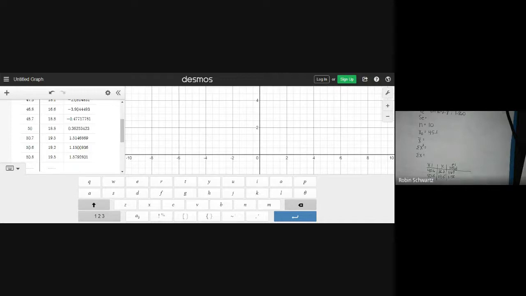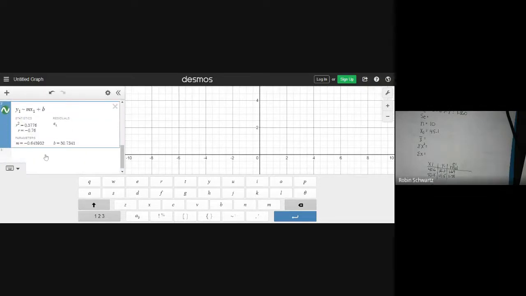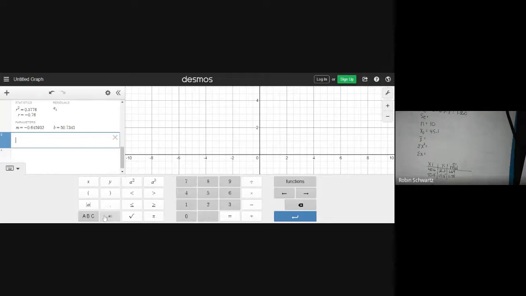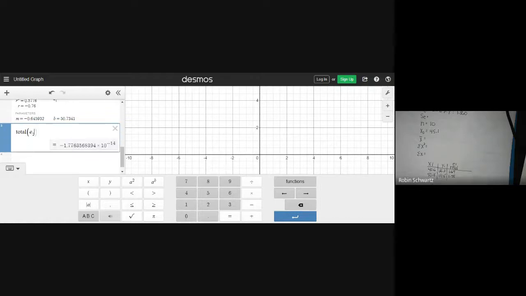So then to get the SE value, which we'll calculate down here, you need the sum of those, the square of each one of those residuals, and add them up. So remember, we do that by coming down to line 3, getting the total, and we want E1 squared.